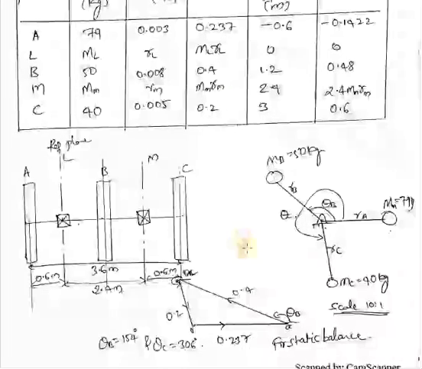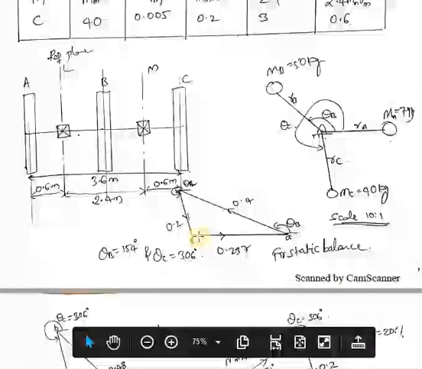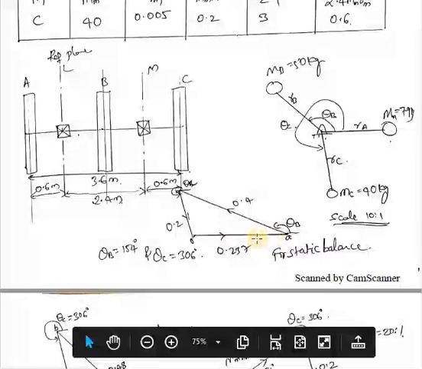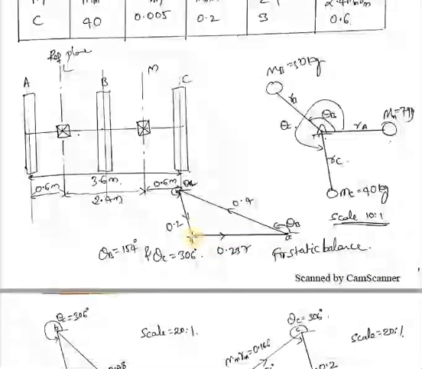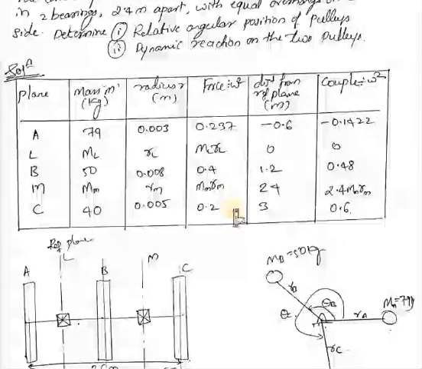Let us assume that the mass MA is along the horizontal plane. So start from here, it is with positive sign. O to A, length of the line should be 0.237 and it should be horizontal. Then to get the complete polygon, for mass B it is 0.4 and for mass C it is 0.2.